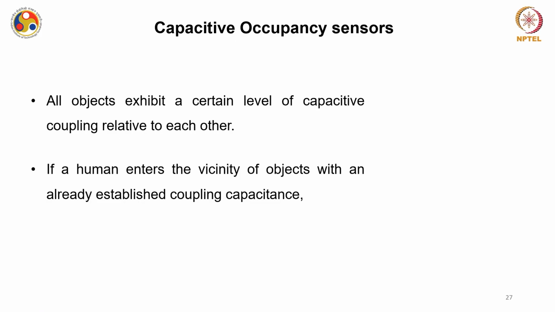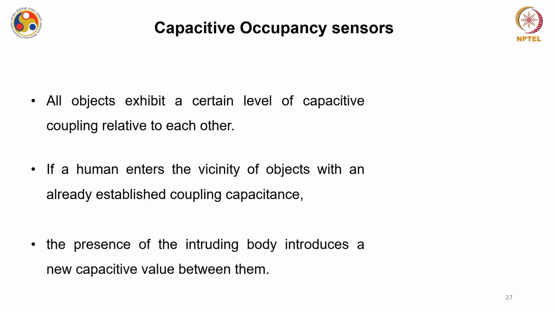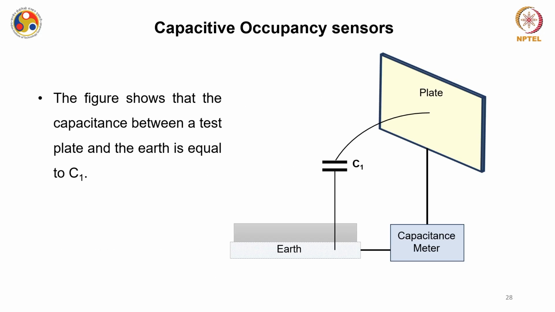If a human enters the vicinity of an object with an already established coupling capacitance, the presence of the intruding body introduces a new capacitance value between them. Earlier there was an established capacitance, and if something disturbs it, a new capacitance is established and the total capacitance changes.